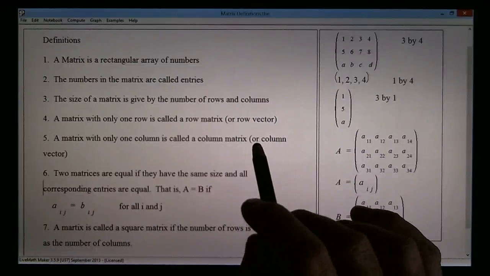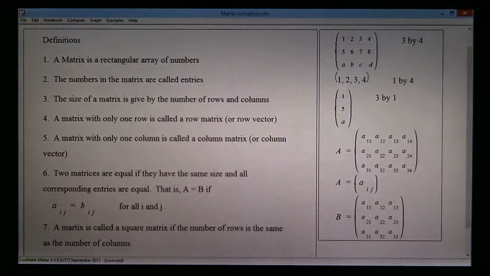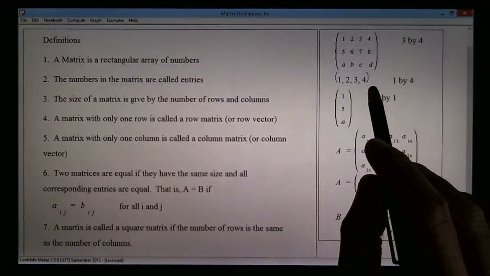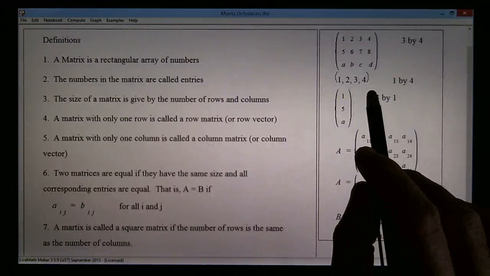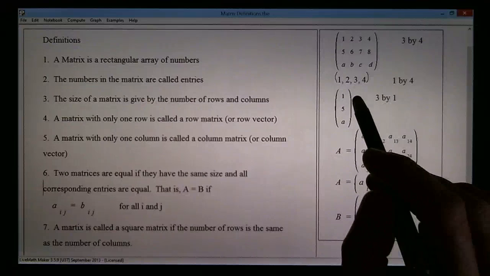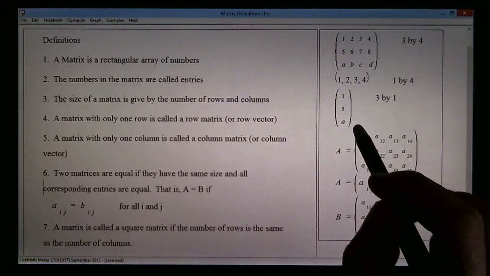Now you'll notice in the book when you read this that they say a row vector or a column vector as well. Later on when we actually talk about vectors, which we haven't done yet, there's a lot of things that behave like vectors. In particular, matrices and vectors behave in very similar ways. So sometimes we want to think of this as a matrix, sometimes as a vector. For now, we're going to think of it as a matrix. So a row matrix, a column matrix.